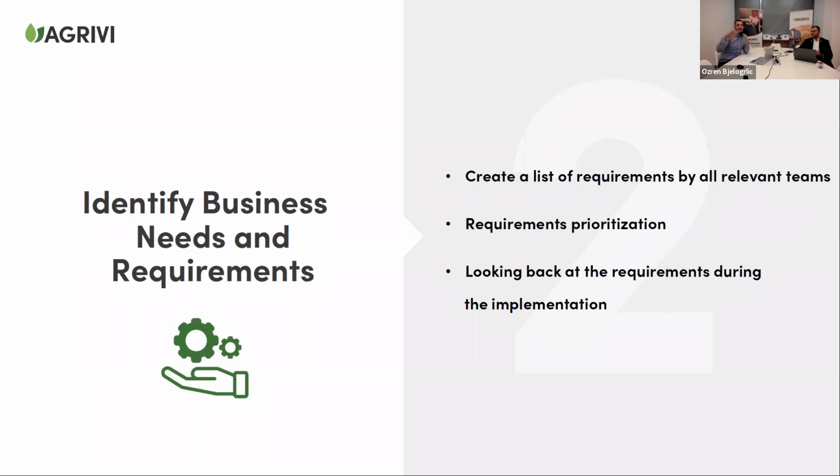The bullet that you see here, looking back at the requirements during the implementation, is essential, as you don't want to select a vendor or a company to implement a certain solution and then change all of your prioritizations halfway through the project. It can create chaos, and for people who are active on a project, it can create a lot of dissatisfaction on both ends, right?